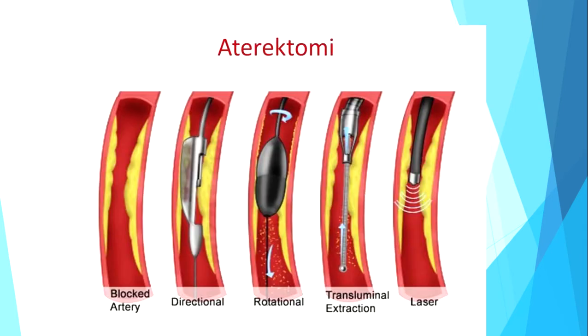We can use direct incision with the sharp edge of the catheter, rotational. This balloon can scratch the inner wall of the artery with thrombus, and transluminal extraction. Here we have sharp edges which destroy the thrombus, and laser.